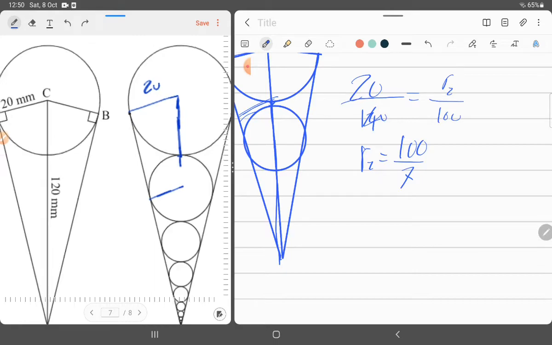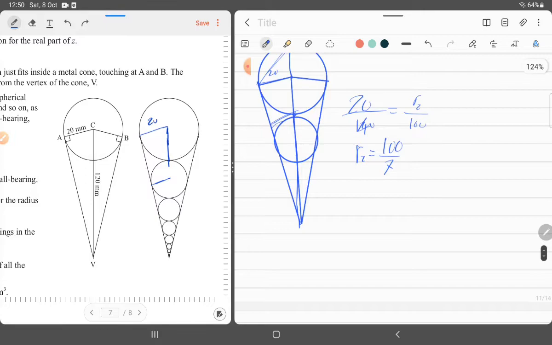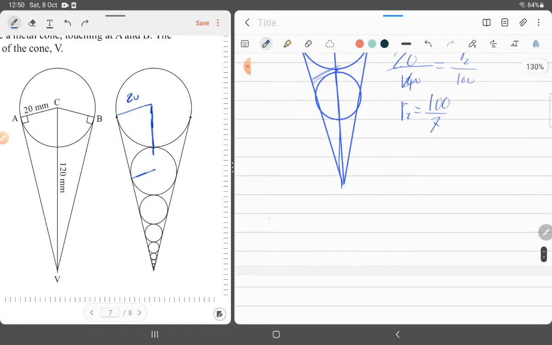So this is, huh? Oh, this is doing the glitch again. Okay, I'm not even gonna bother this time. So R2/20 is equal to 100 take away R2.